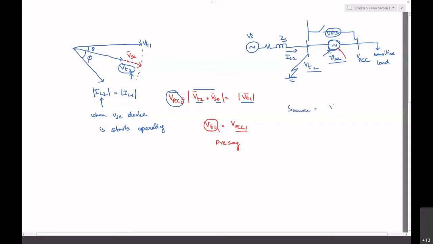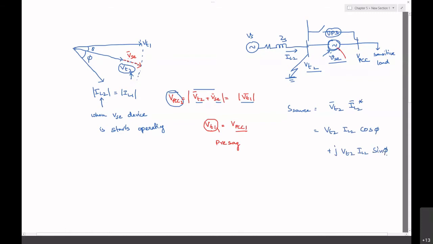It is the VT2 phasor times the IL2 phasor conjugate. It is going to be VT2 into IL2 into cos phi plus j times VT2 into IL2 into sin phi. This is the source power.